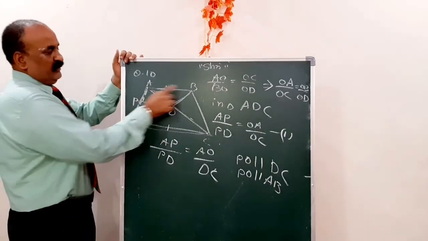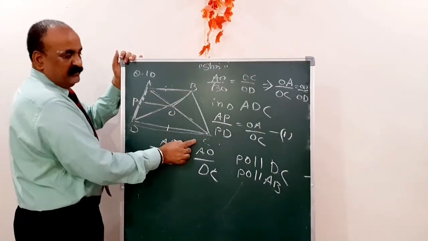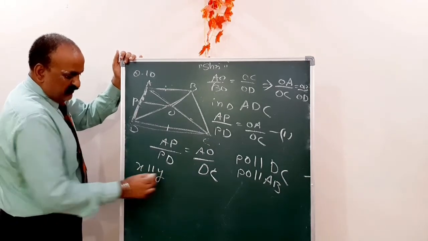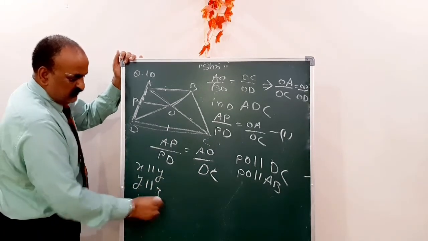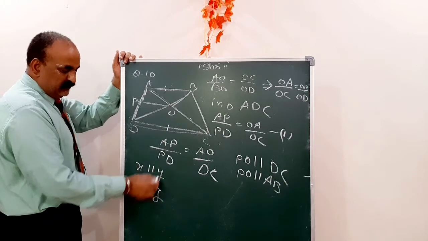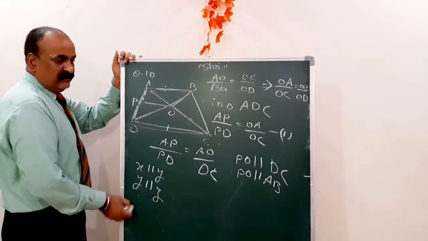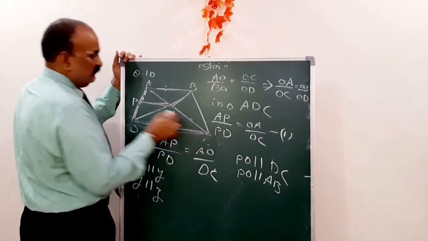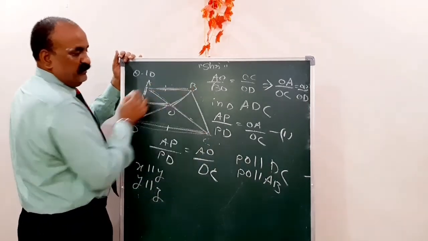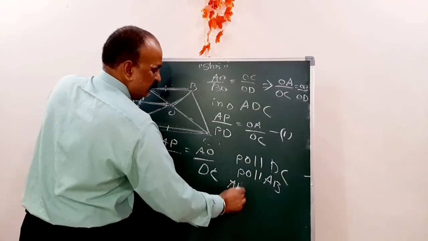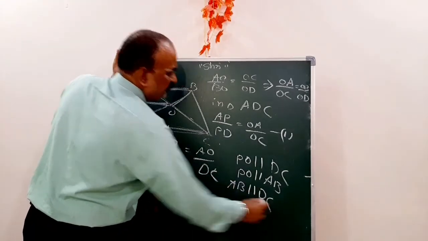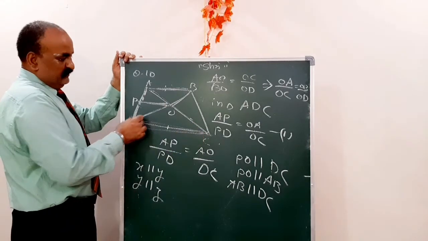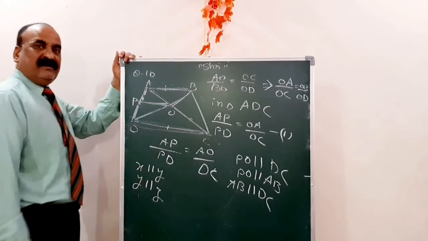It means I want to explain you one thing. If X is parallel to Y and Y is parallel to Z, it means X is parallel to Z. So when PO is parallel to DC and PO is parallel to AB, it means AB is parallel to DC. तो जब AB आपका parallel हो गया DC के, it means ABCD is a trapezium.